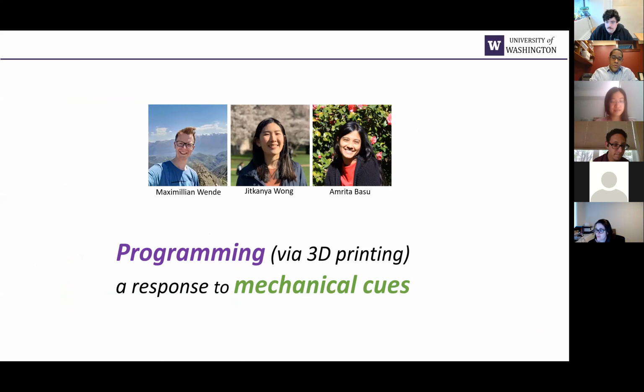With that as inspiration, what I'll talk about today is how we're using 3D printing to program objects that can respond to mechanical cues. This is the work of visiting German master's student Max, and also two graduate students in the lab, Jen and Amrita.